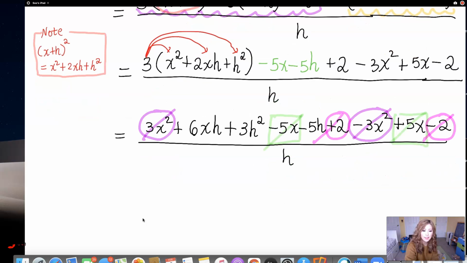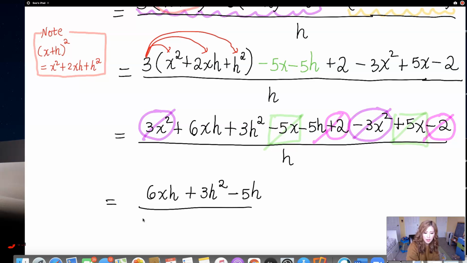Let me go ahead and write down what's left on top of the fraction, okay? 6xh plus 3h squared minus 5h. Those are the only 3 things left on top, all over h. And what I can do is I can factor out h from the numerator, write the h outside, and each of them on the top of the fraction will lose 1h.